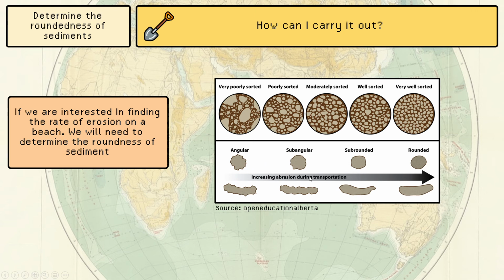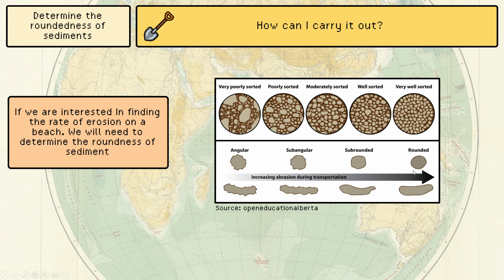So it means that during the transportation process, meaning the process in which sediments are transported by the medium, which is water, as the sediments are hitting against each other or hitting against the sea floor or the river bed, for example, the sediments become more smooth.